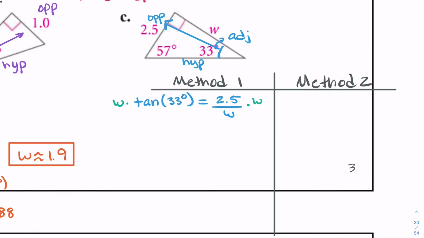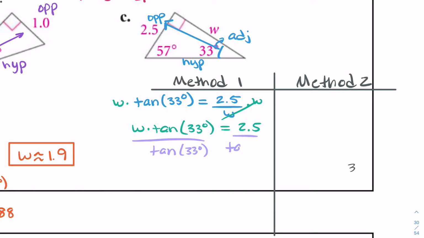But I'll do out the steps. W times tangent of 33 degrees equals 2.5. Then I'll divide both sides by tangent of 33 degrees, and I will get W equals 2.5 over tangent of 33.